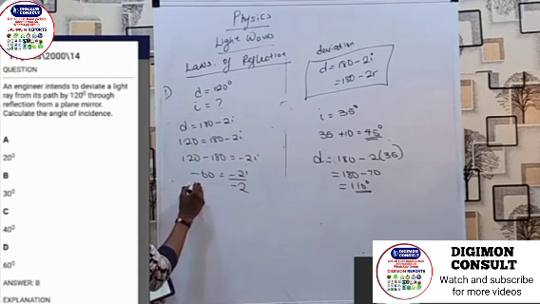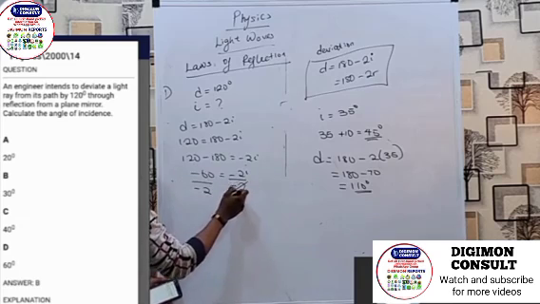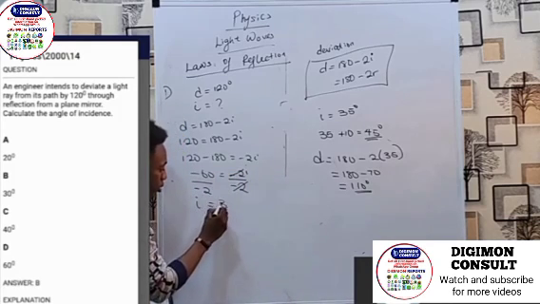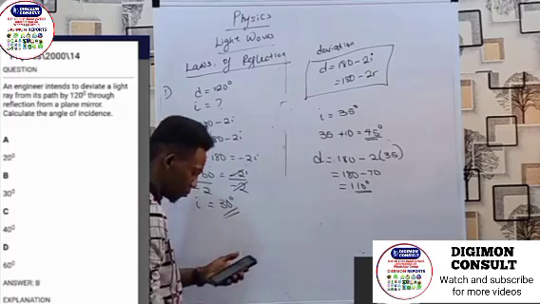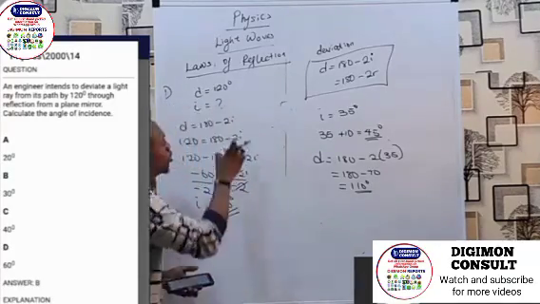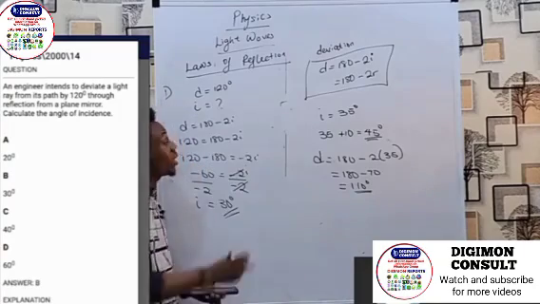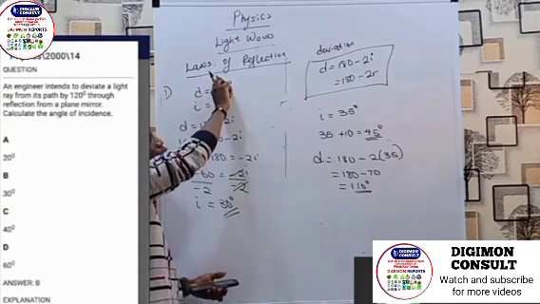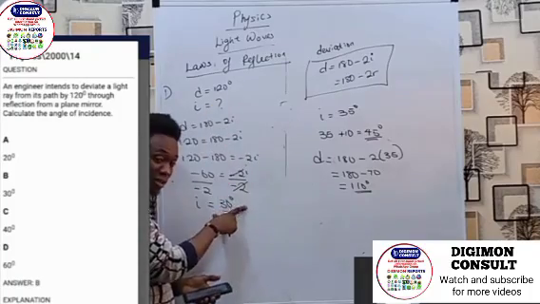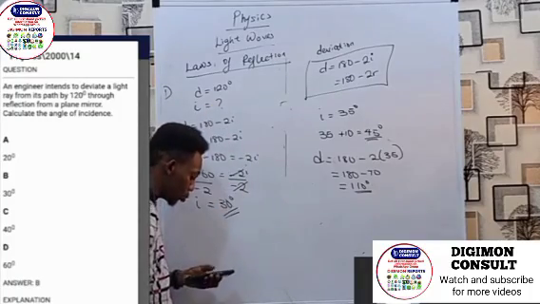Divide both sides by minus 2. So our angle of incidence is going to be 30 degrees. And that is option B. That tells you that if the engineer intends to get a 120 degrees deviation of this light, he must start with an angle of 30 as the incident angle.